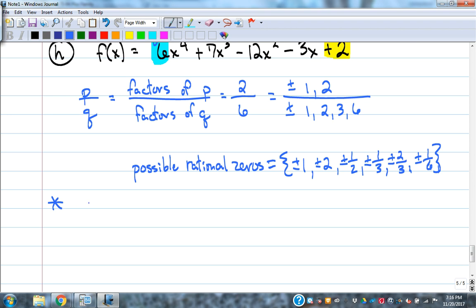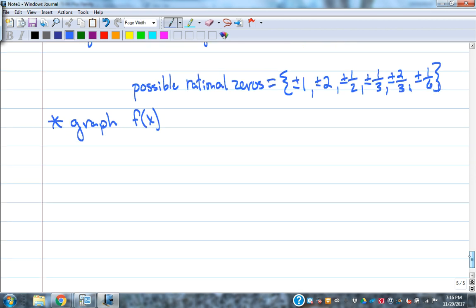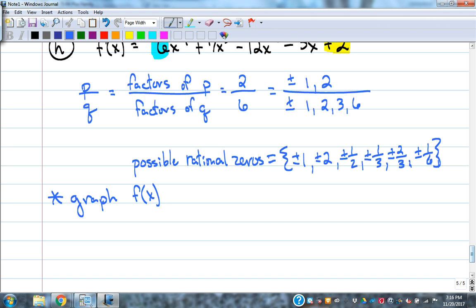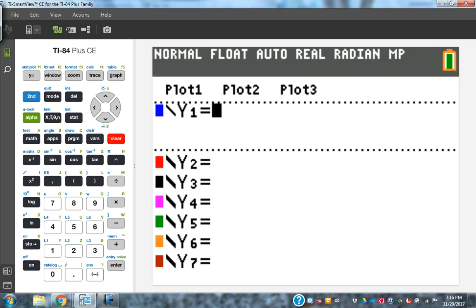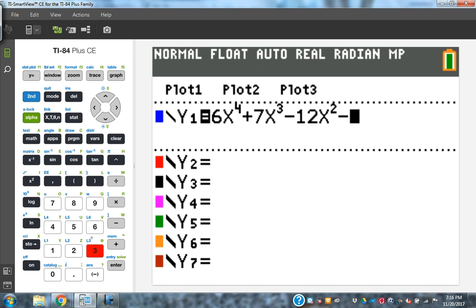So the next step after you get that list is to graph f of x. We're going to graph that polynomial with a calculator. Y equals, clear that one out, 6x to the 4th plus 7x to the 3rd minus 12x squared minus 3x plus 2, and hit graph.